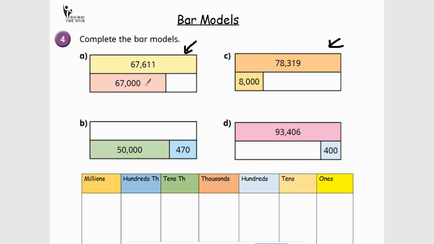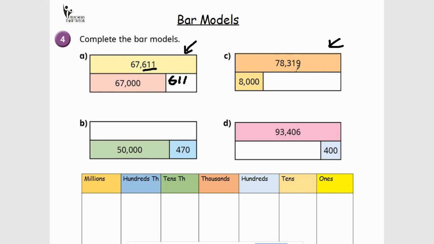We've got the 67,000 there as a big bar, because that's the majority of that number. But then we've got a missing part here. Well, the missing part we know is this 611. So then we could write that in, and then we know that that part plus that part makes that part. Another name for this is called the part-part whole, because you've got 2 parts and that makes a whole.